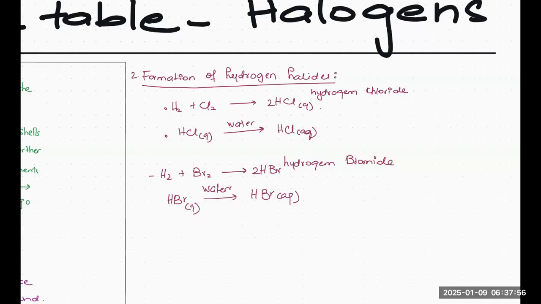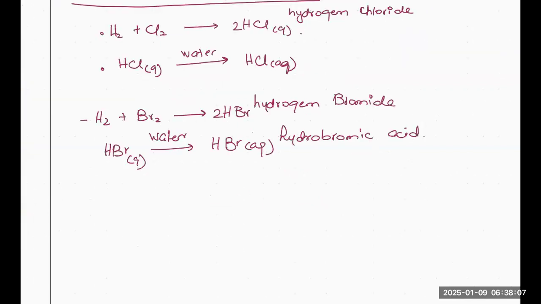We only study about hydrochloric acid, but now we can see that there are other acids as well related to halogens. Similarly, your hydrogen can react with iodine to give you hydrogen iodide.